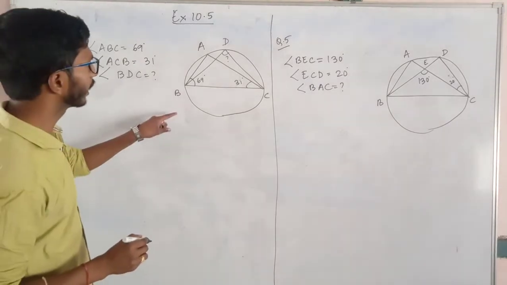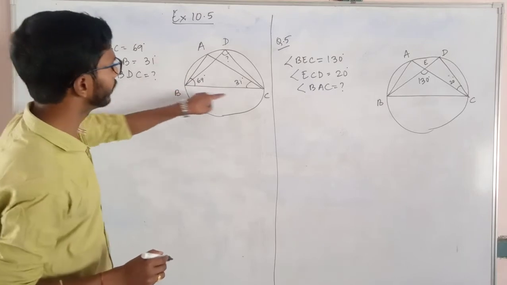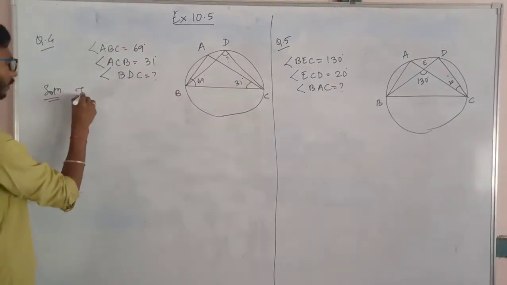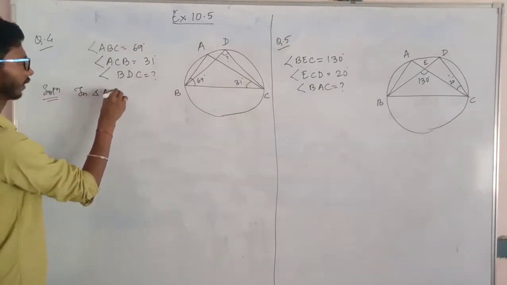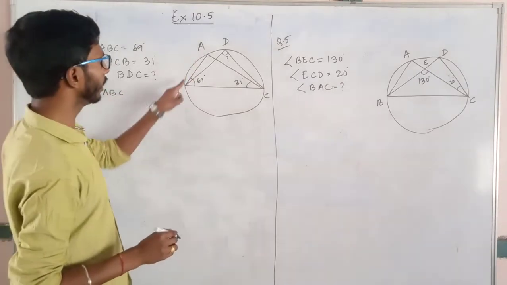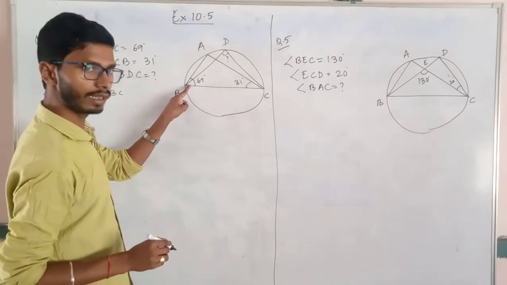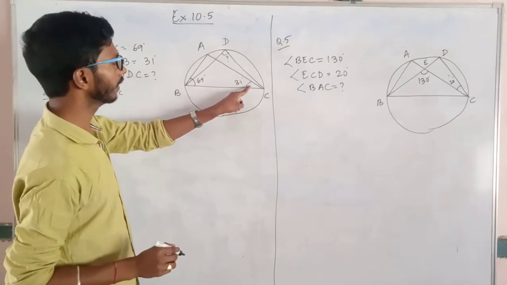Now let us see triangle ABC. In this triangle ABC, this angle is 69, this angle is 31.